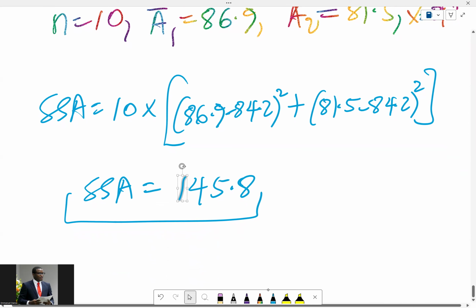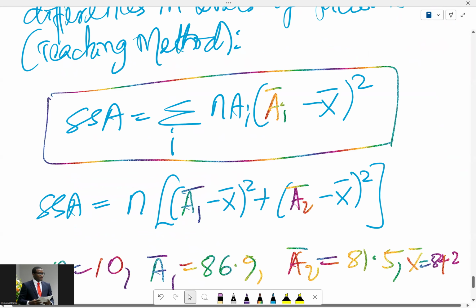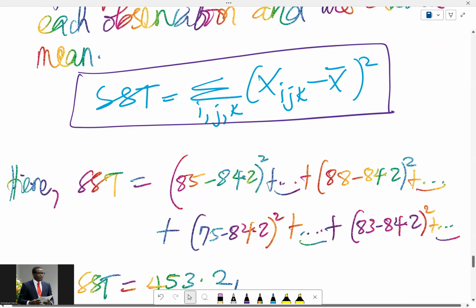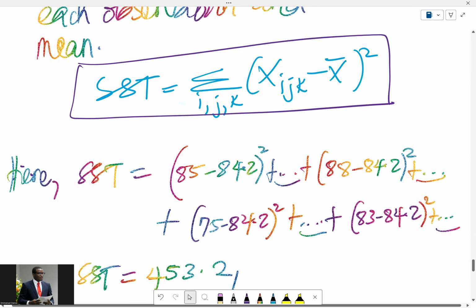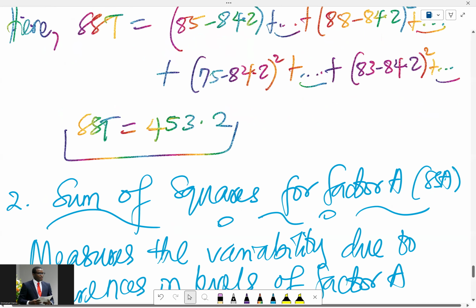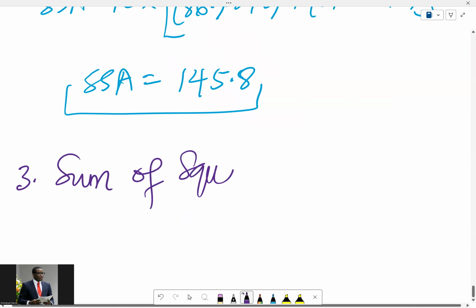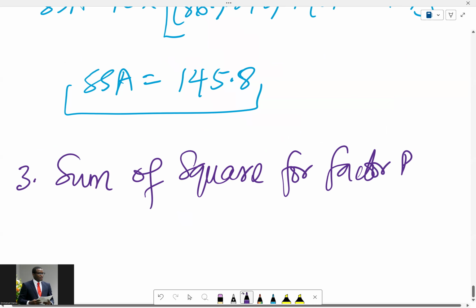So for the sum of squares for B now, you can follow the same idea. That's number 3, the sum of squares for factor B, which is SSB.